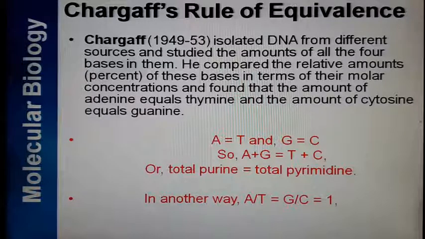It was surprising that the amount of thymine and adenine were equal, and similarly the amount of cytosine and guanine were equal. So, when we add them together, A plus G, that is total purine, is equal to T plus C, that is total pyrimidine.